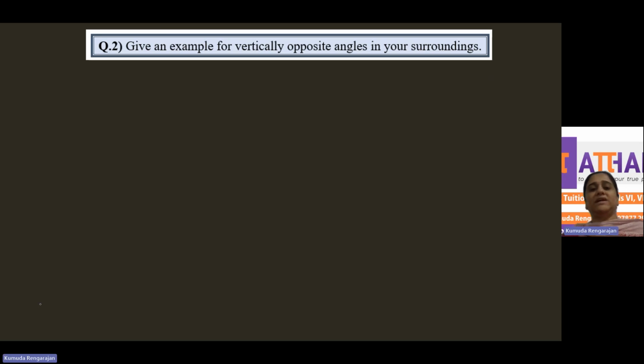Give an example for vertically opposite angles in your surroundings. Fan. No, not this fan. With 4 wings. Yeah, that one. There's that round thing which is coming in the middle. Okay, it is kind of. Yeah, these two bars. This vertical and horizontal bar.